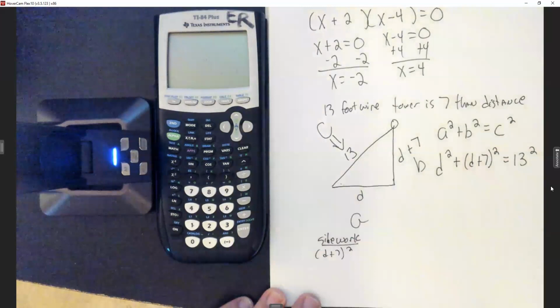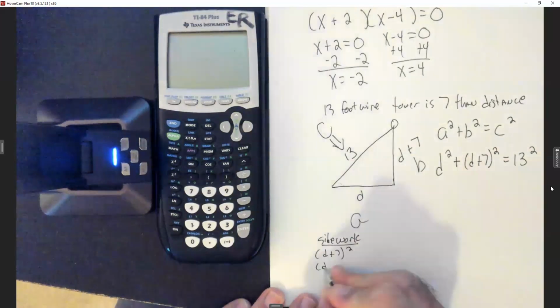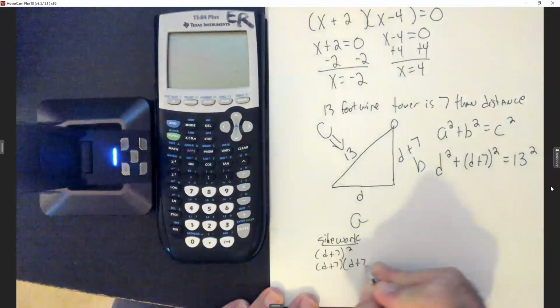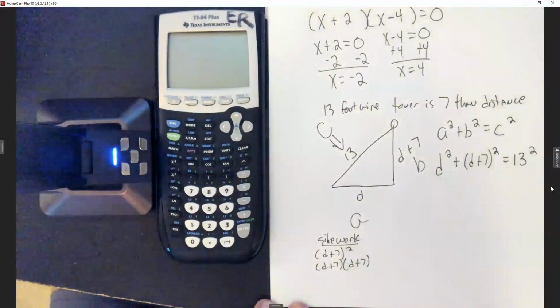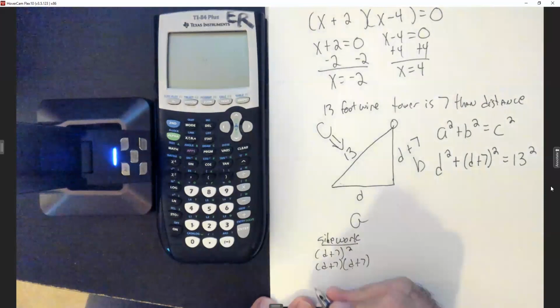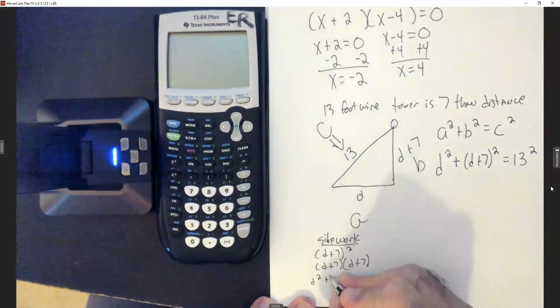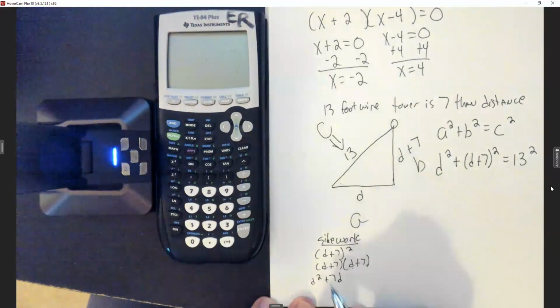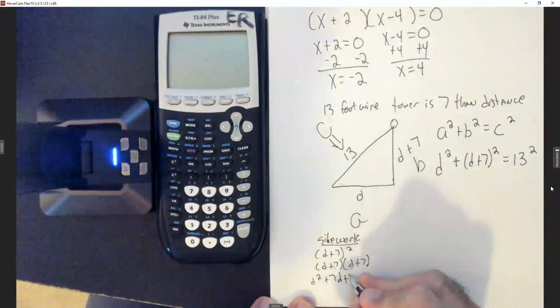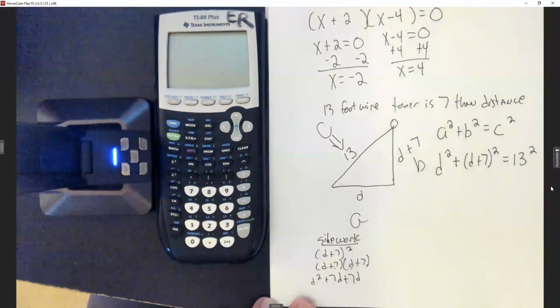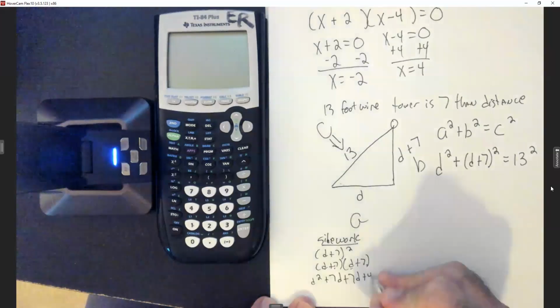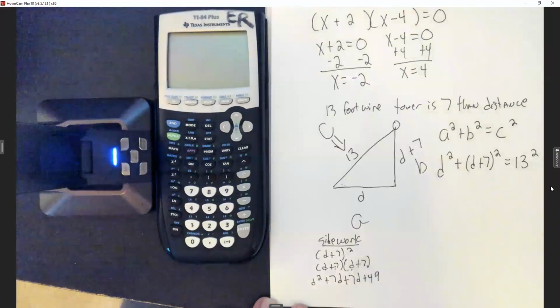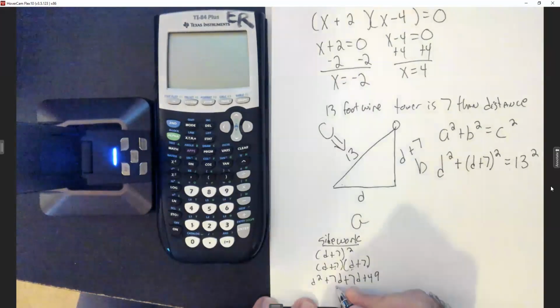Side work on D plus 7 squared. That's going to be D plus 7 times D plus 7. So here we go. D times D is D squared. D times 7 is 7D. 7 times D is another 7D. And then 7 times 7 is 49. Now, before I put it over here, I'm going to add the like terms in the middle.